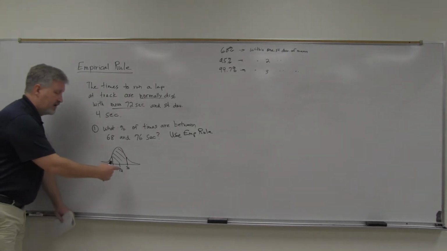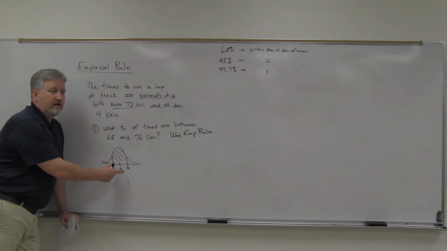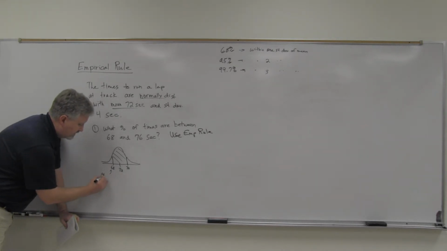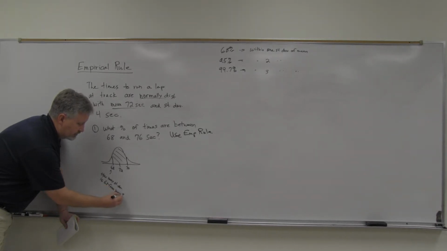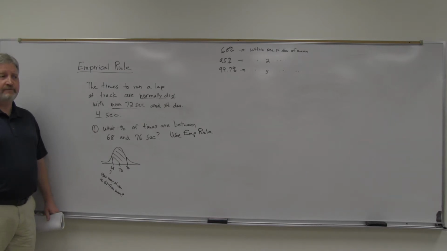And so what you need to figure out is, all right, how many standard deviations away from the mean is 68? So I'll write that question out here. How many standard deviations is 68 from the mean? Well, a standard deviation is 4 seconds, right?